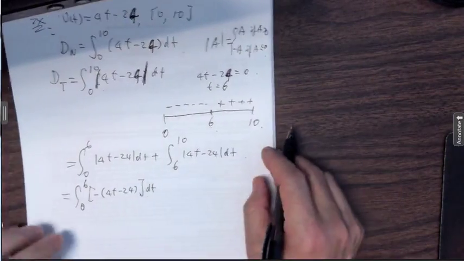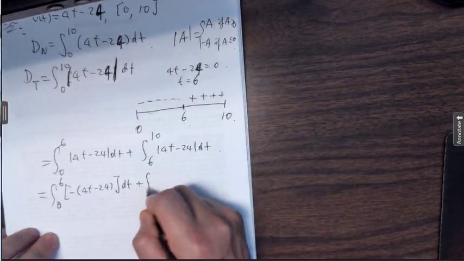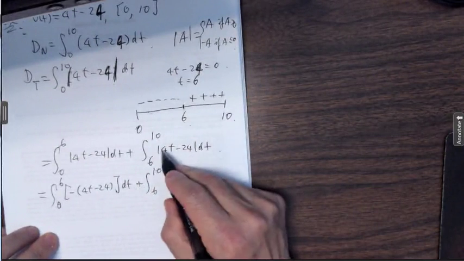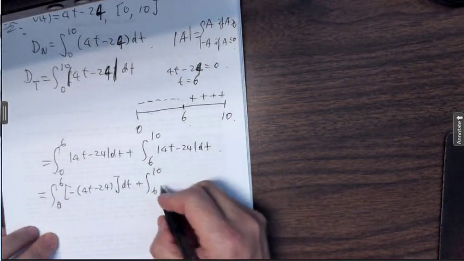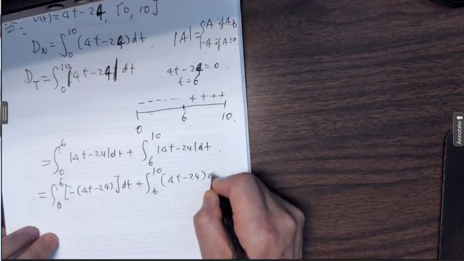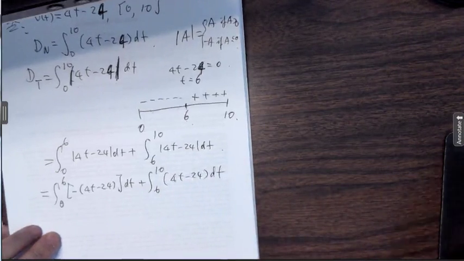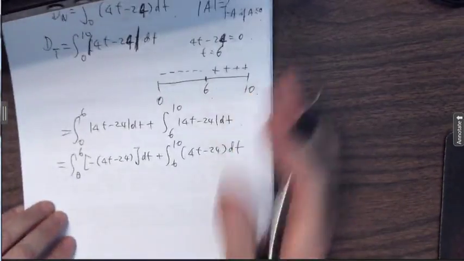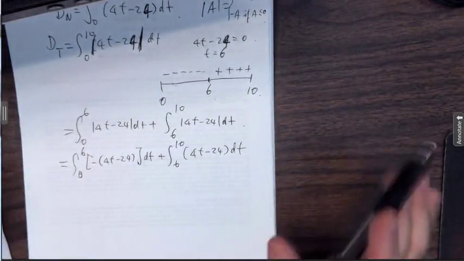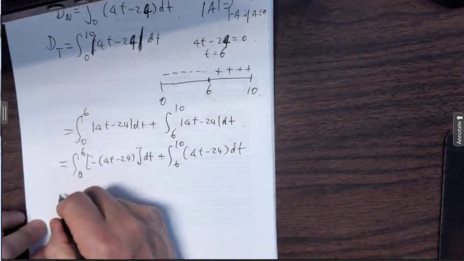That's what the absolute sign is for. From 6 to 10, 4t minus 24 is positive. There's no need for anything, so we can throw out the absolute signs for free. So the rest is basically two simple integrals. There's nothing complicated at all.